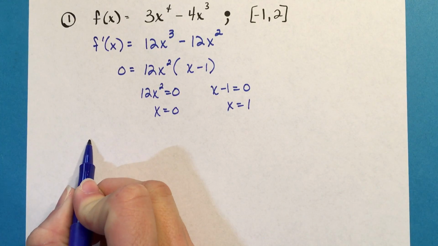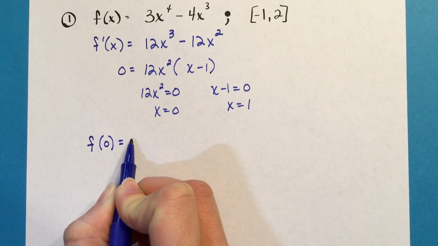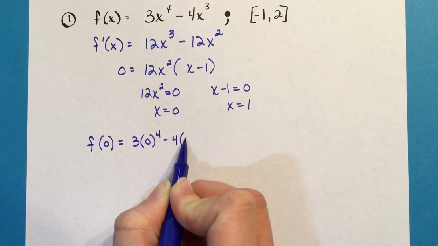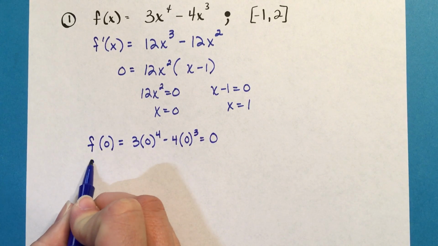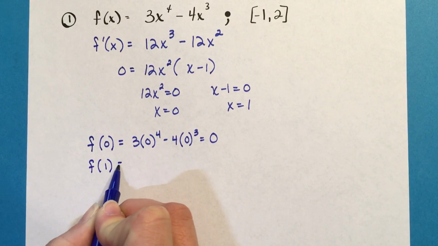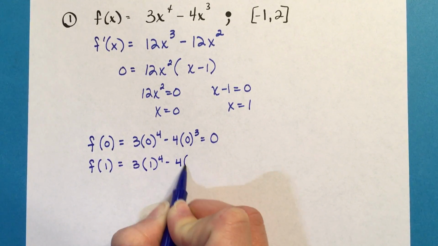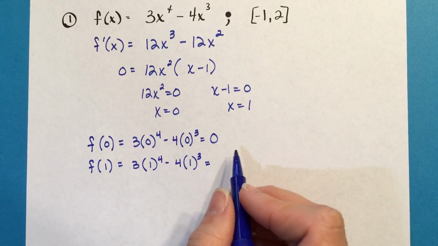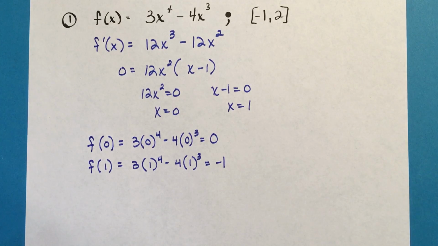So we're going to first evaluate at 0. Of course that's just going to give us 0. Then evaluate at 1. And this is going to give us -1. Okay, so there's step 2 out of your list.